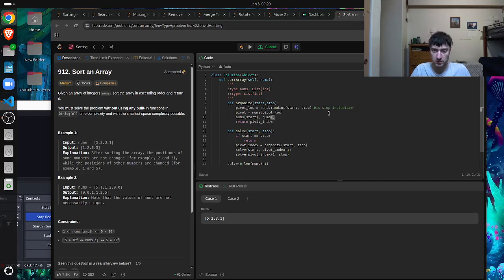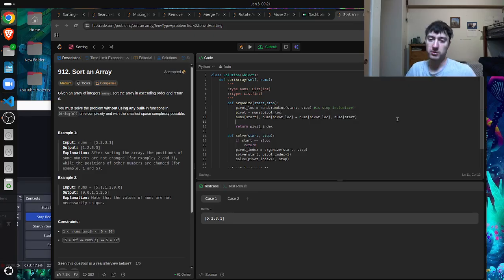Nums of pivot location is equal to, and then the opposite of these. Okay, pivot location and nums of start. Okay, so we swapped them.